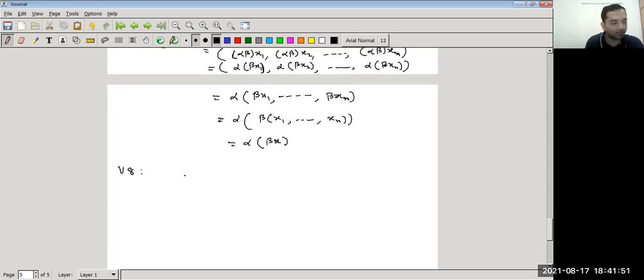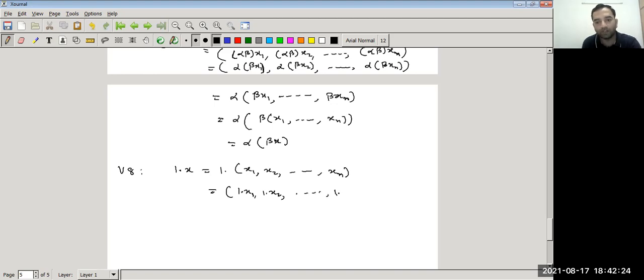Now the eighth property is 1 into x. That is 1 into x, where x is x1, x2, xn, and by the scalar product definition it is 1 into x1, 1 into x2, 1 into xn, and this is again x1, x2, xn, which is equal to x.